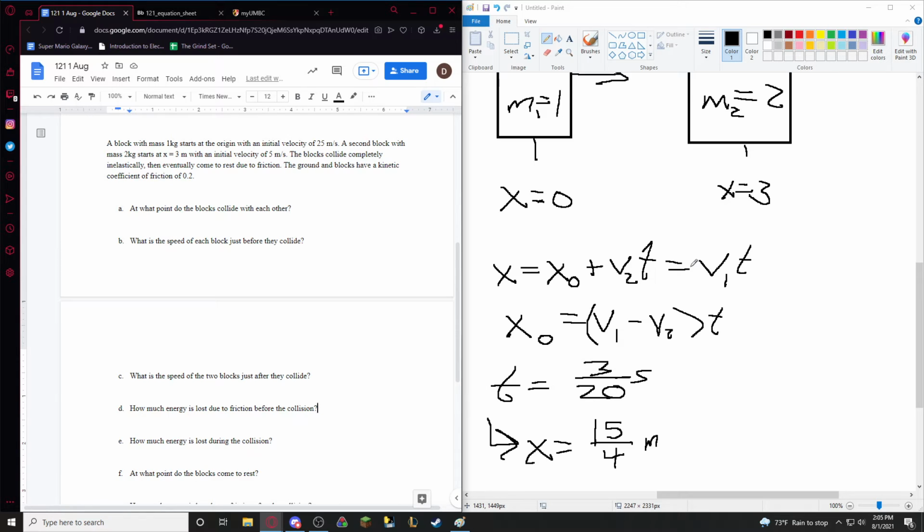And what kind of collision is this? This is a perfectly inelastic collision. So what does that mean about the collision? It's going to lose kinetic energy, but it will maintain mass times velocity.